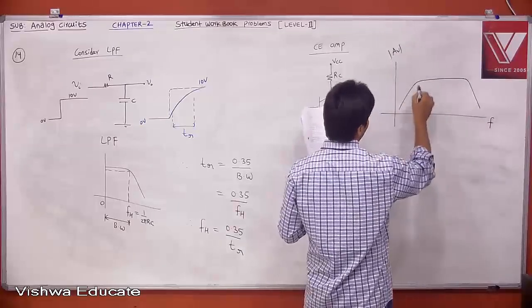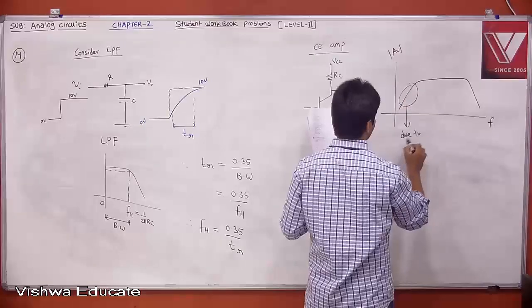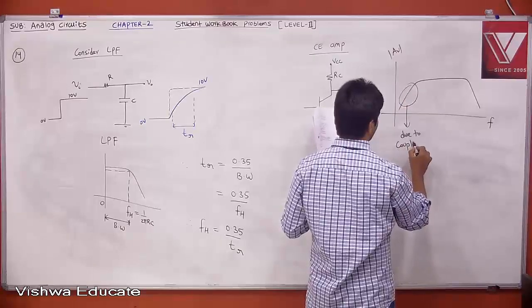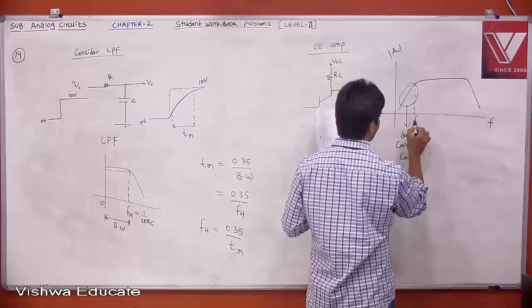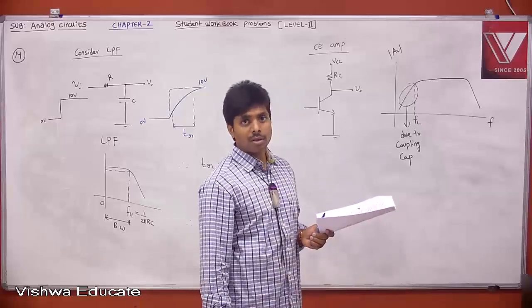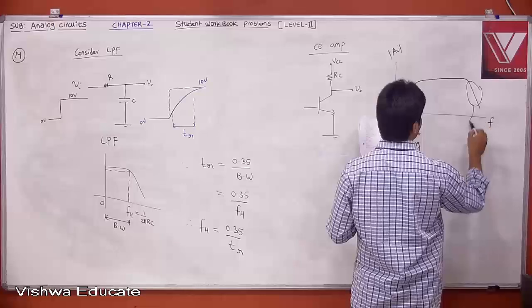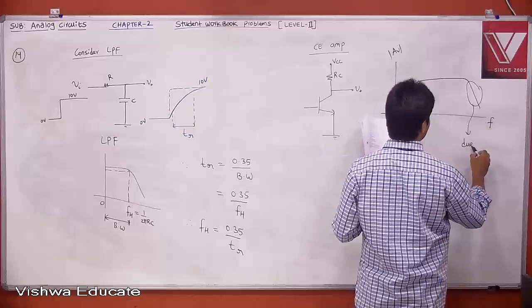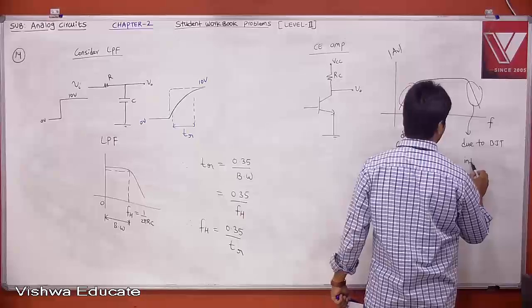Tell me what is the reason to have this? The reason for the lower cutoff frequency FL is the coupling capacitors. But it's not asking about coupling capacitors, let us say. The upper cutoff is due to the BJT internal capacitors.